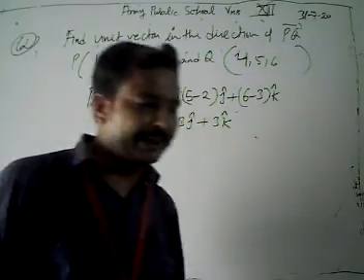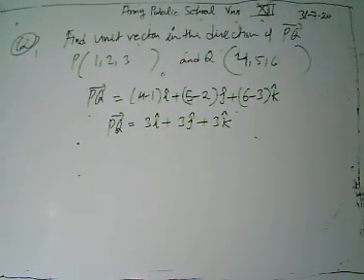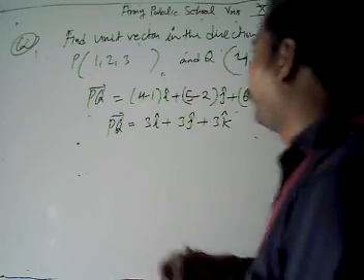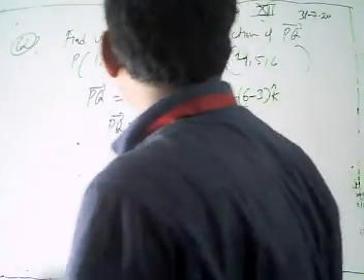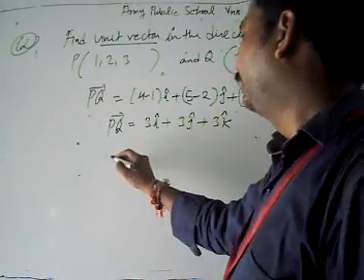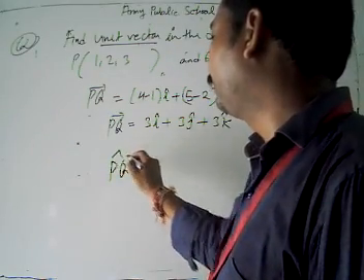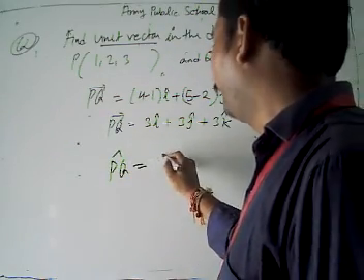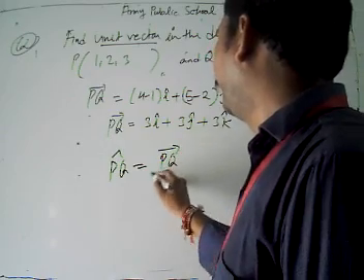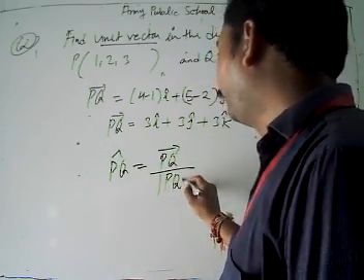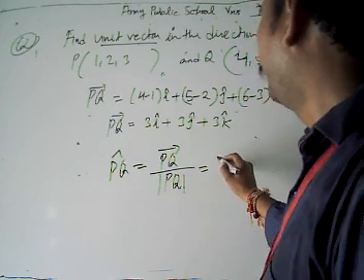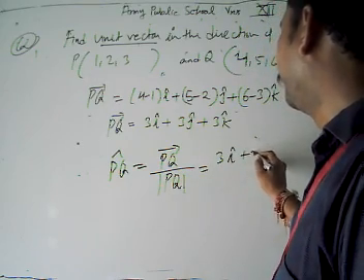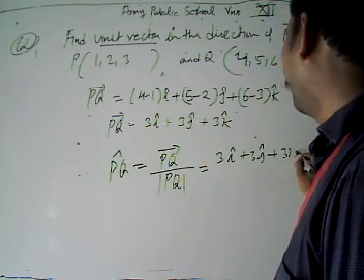Now we get our vector PQ. But what is asked in our question is the unit vector in the direction of vector PQ. The unit vector is given by PQ cap, which is vector PQ divided by its magnitude. Vector PQ is 3 I cap plus 3 j cap plus 3 k cap.